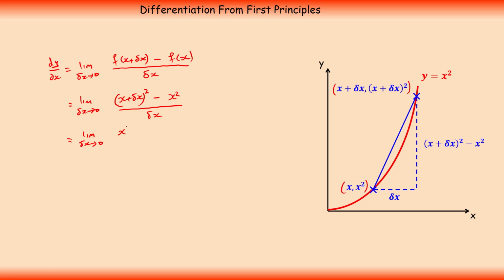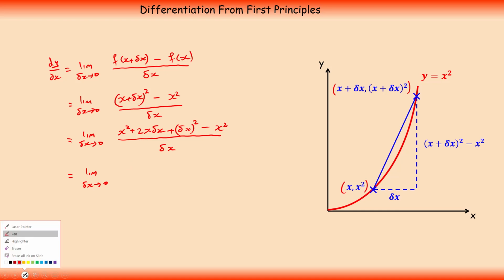We expand the brackets: x squared plus 2x delta x plus delta x squared minus x squared, all over delta x, which is equal to the limit as delta x tends to 0 of, now the x squareds cancel out.